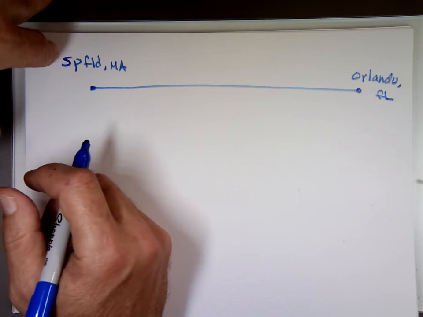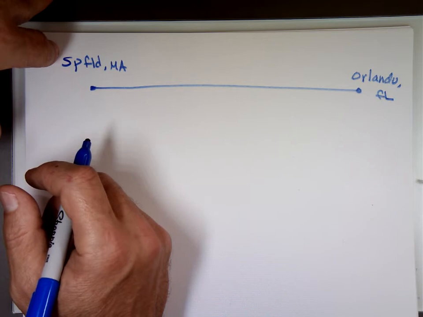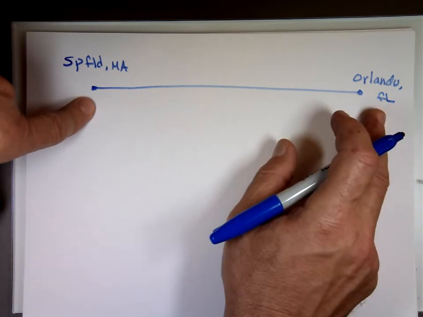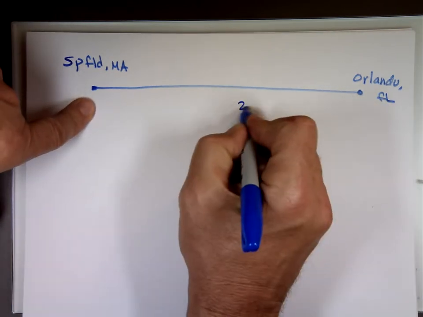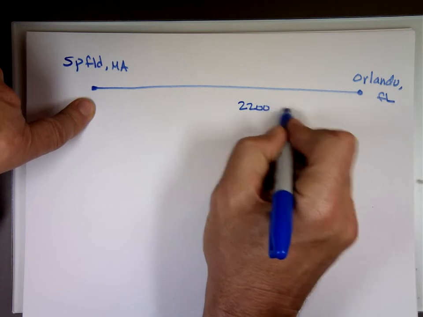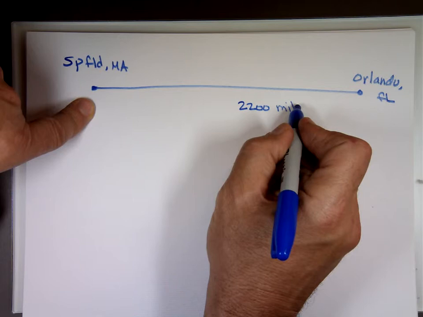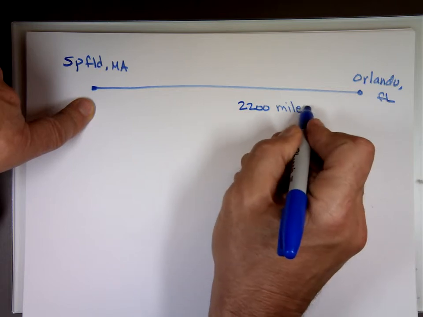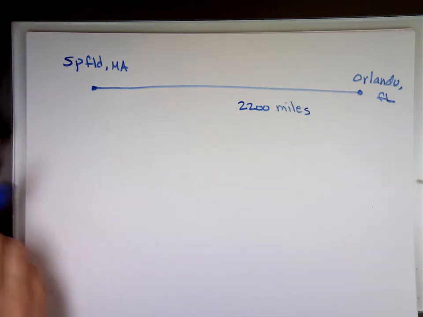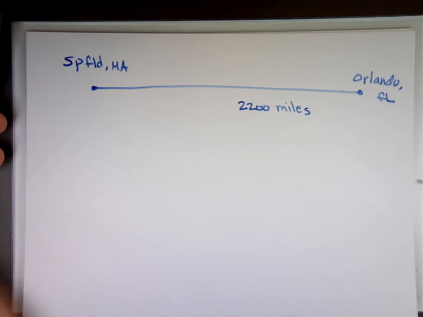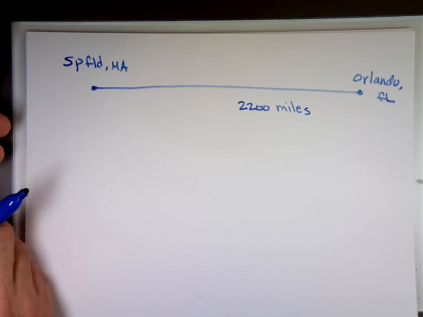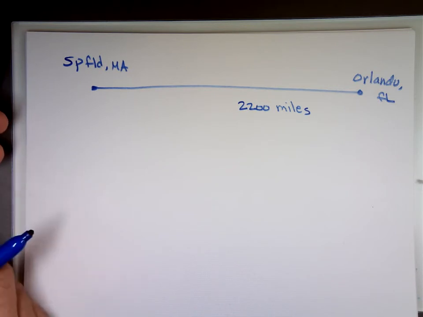Distance roughly from Springfield to Orlando, I think it's about 2,200 miles. You're going to drive it. Is it 22 or 1,200? 22, I think. Let me see. I think maybe 1,200, I'm sorry.